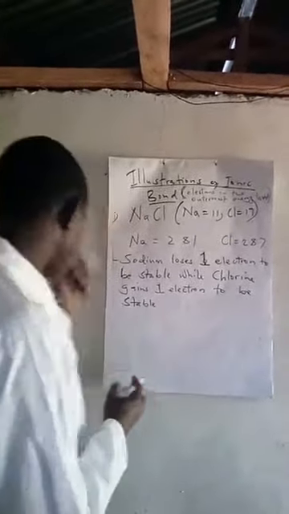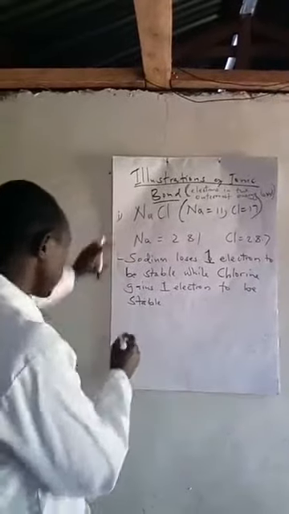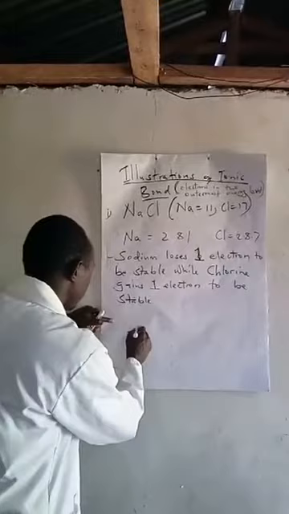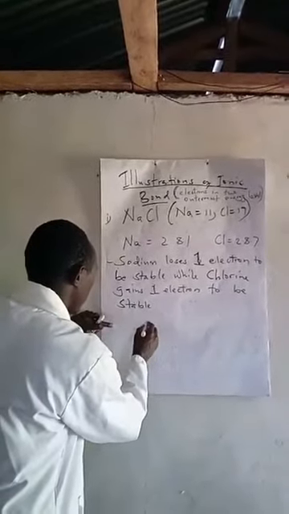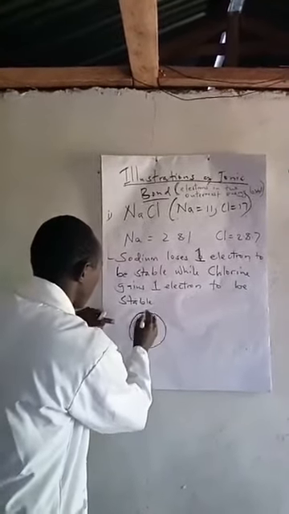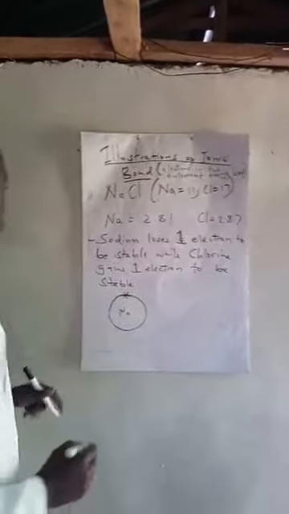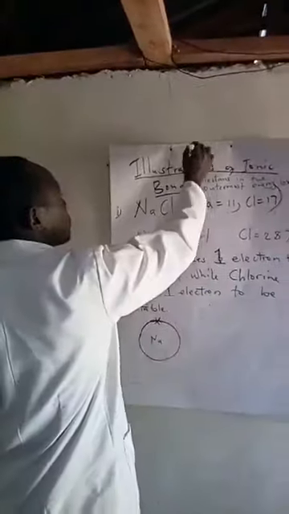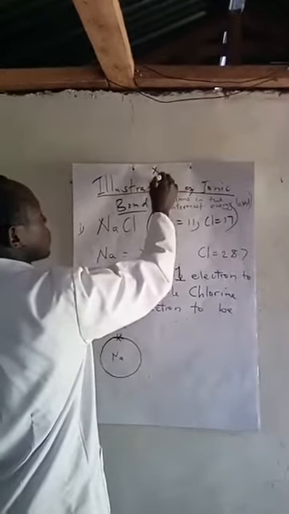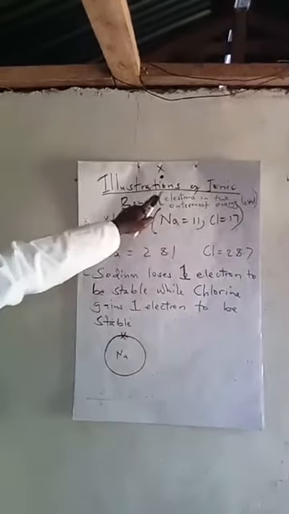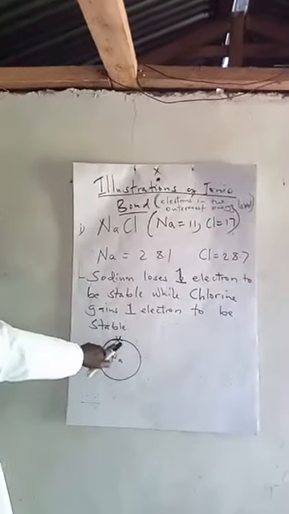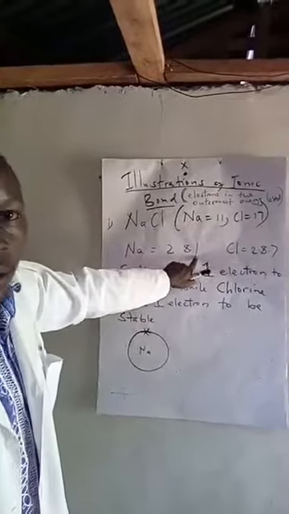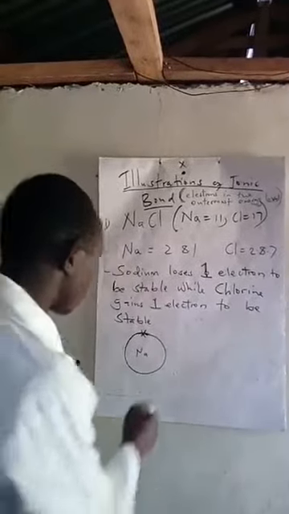So for example, when sodium combines with chlorine, sodium is 2,8,1. We are using dots and crosses to represent the electrons. So when I write a dot here, a cross here, for example, then it represents the one electron for sodium, which combines with chlorine.